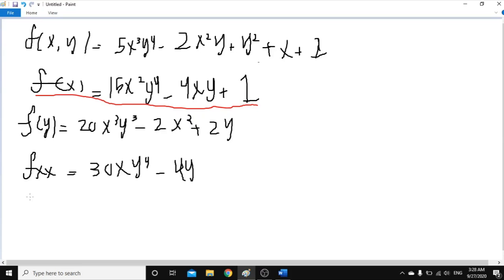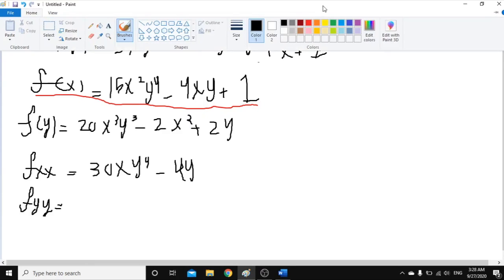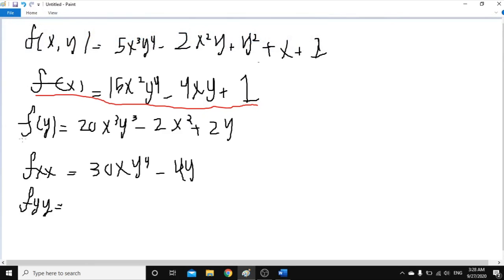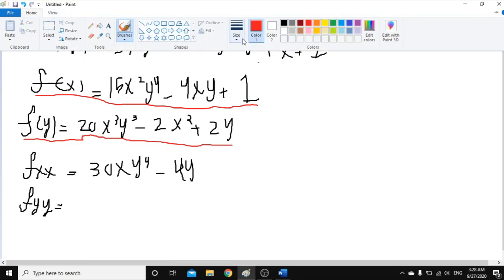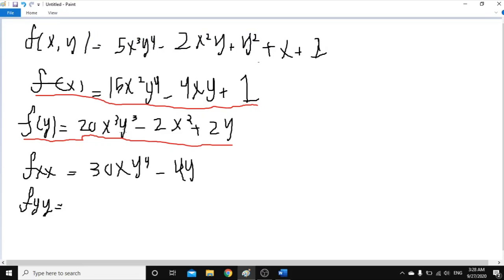And 1 here is 0. So let's deal, for example, with f with respect to y with respect to y. From this equation, we need to take another derivative with respect to y only. So with respect to y, 20 times 3 is 60, x cubed, y to the 3 minus 1 is 2.